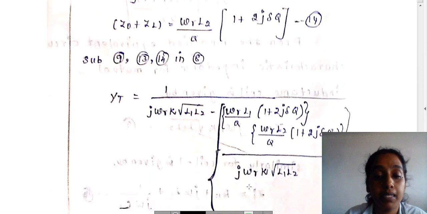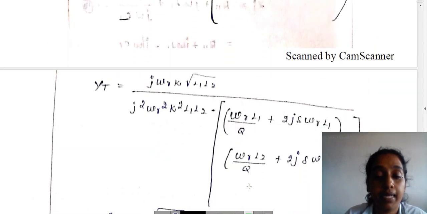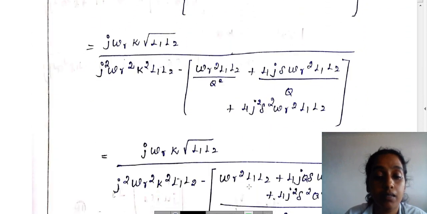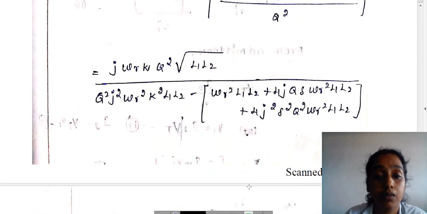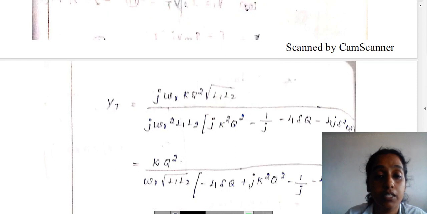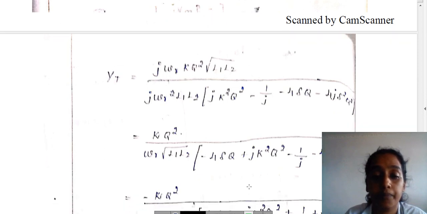Substituting these values in the total admittance and cancelling out the remaining part, in the numerator we get j omega r k Q square into root L1 L2, divided by j omega r square L1 L2 into j k square Q square minus 1 by j minus 4 delta Q minus 4j delta square Q square.